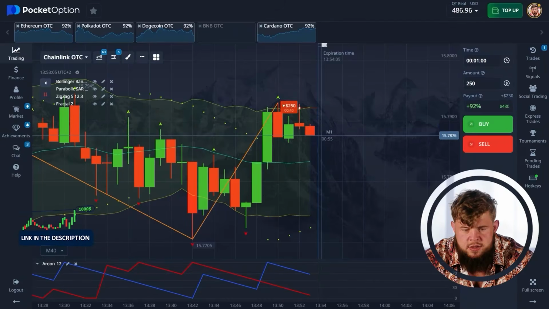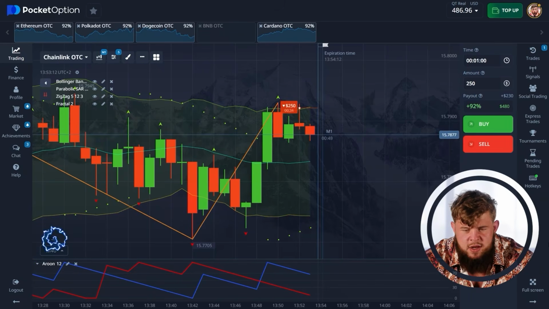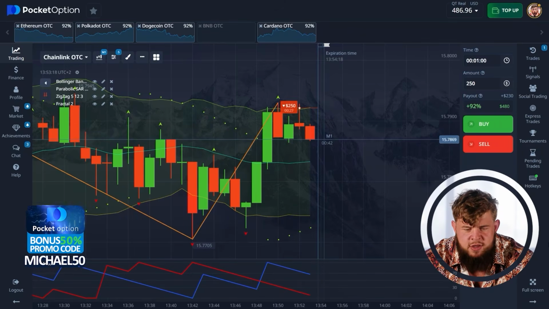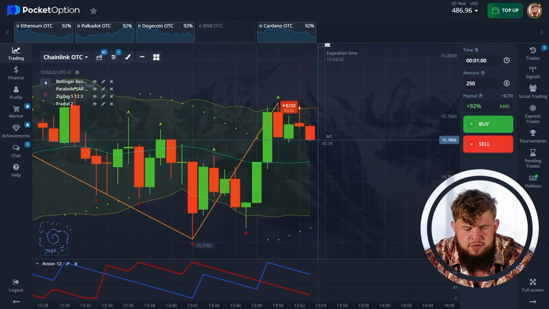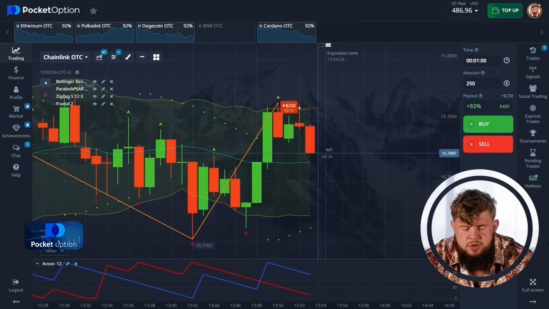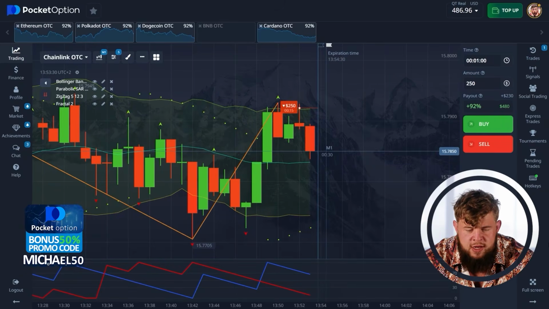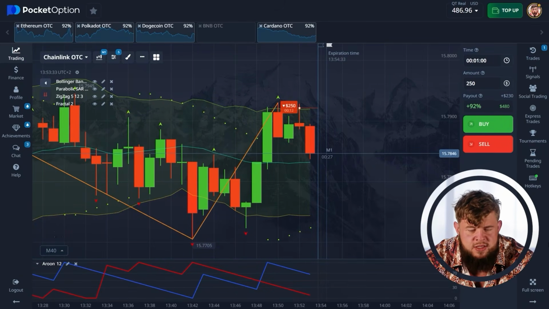So let's do this. Several minutes left, and we will see the result of this trade. There's several seconds left. For now, everything is looking really good. We're just receiving the pullback reaction from the upper edge of the Bollinger Bands channel together with the zigzag line, which is acting like the resistance line zone, and we're now touching the middle line of the Bollinger Bands.